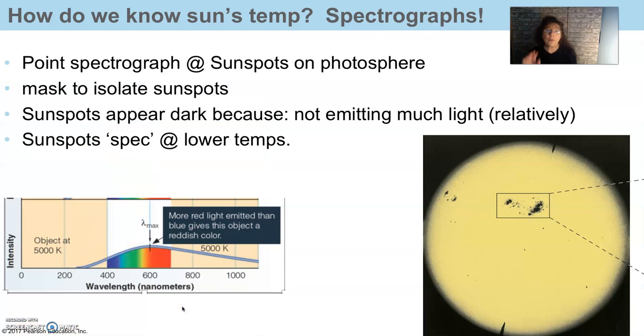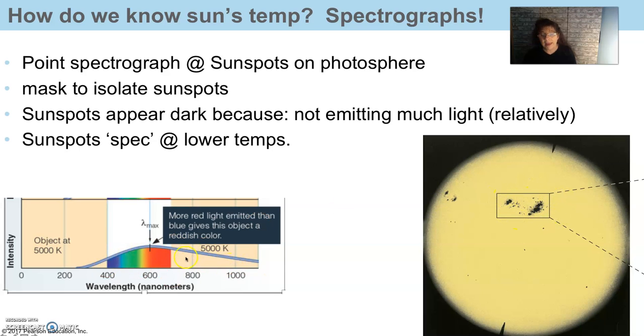And when we point the spectrograph at sunspots and then add a mask to mask off the rest of the photosphere, then we can really concentrate on the spectroscopy from the sunspot, and we can see that these black areas actually have a lower temperature.